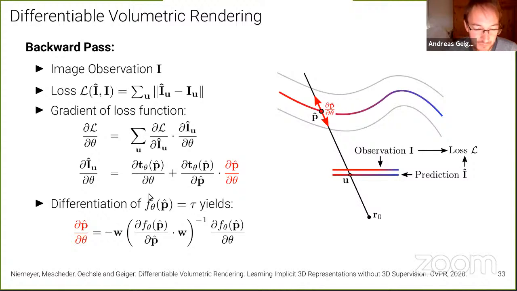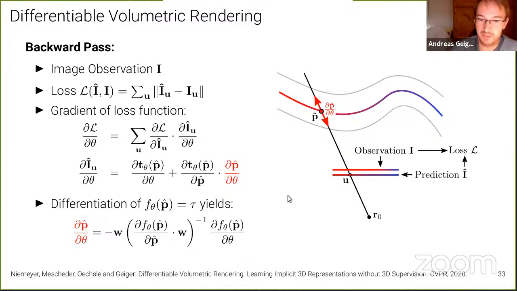So if we differentiate this expression on the left and right hand side, we obtain a closed form solution for this derivative that we are seeking. I'm not going to go into more details about this, but if you want to learn more, then I recommend you have a look at our recent CVPR paper.